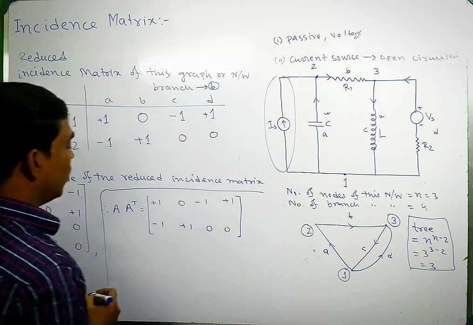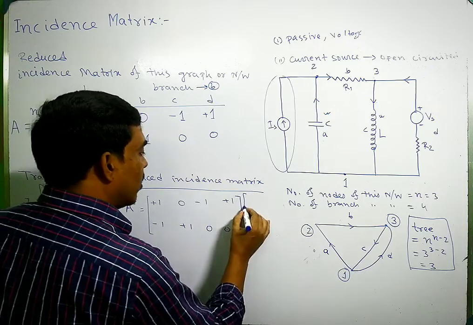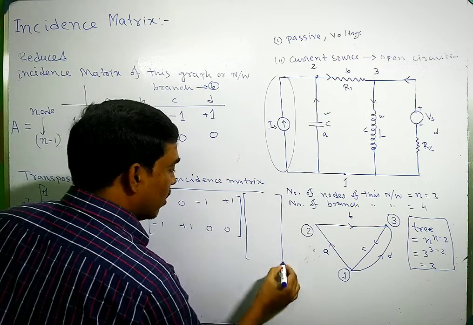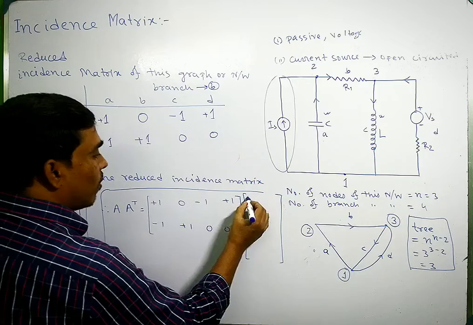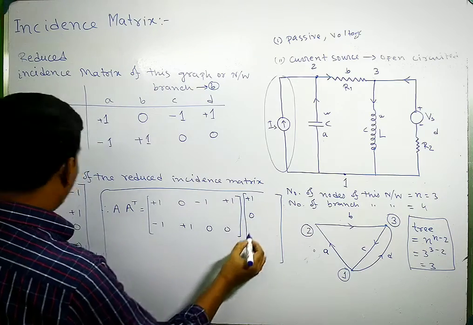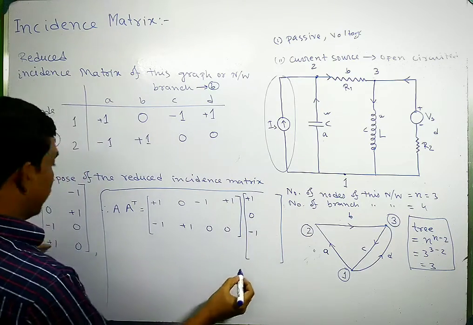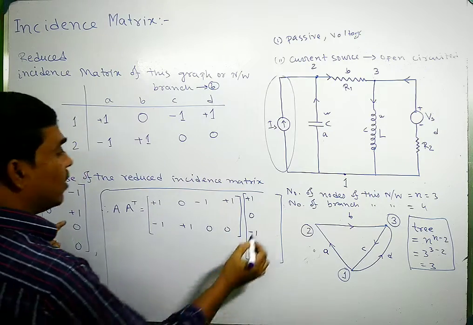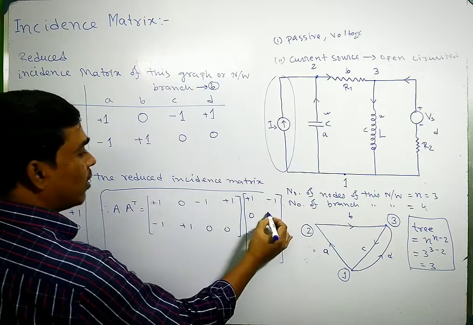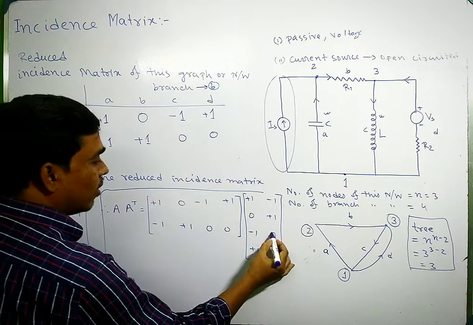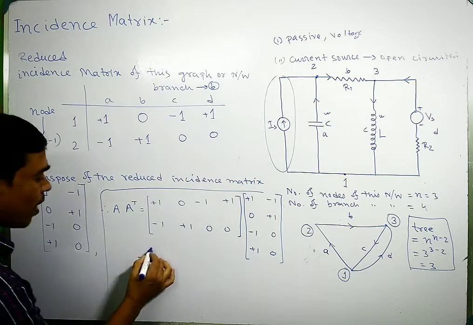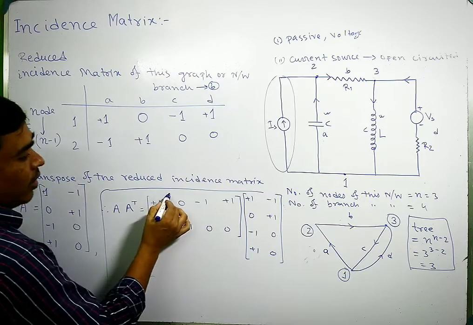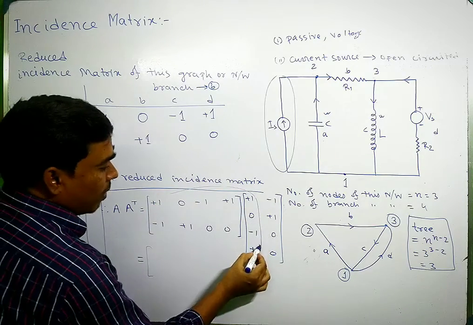So this is A and this is A transpose, the transpose of this reduced incident matrix. In this way you have to multiply.